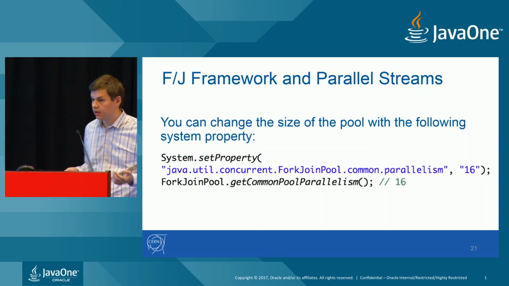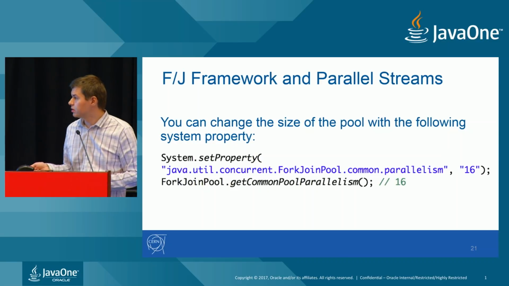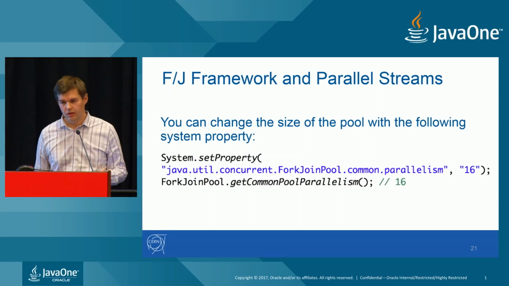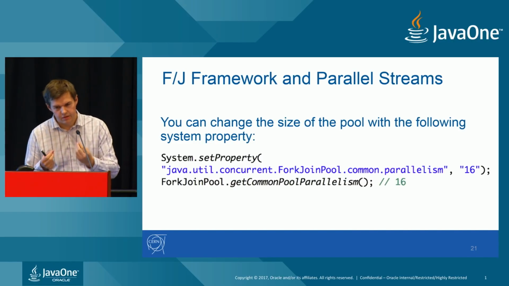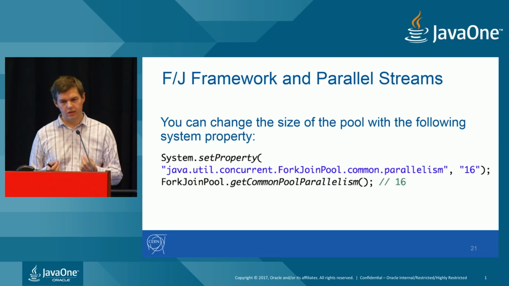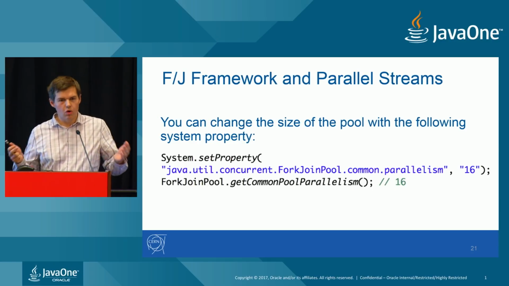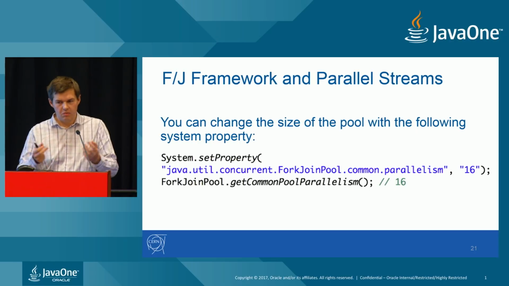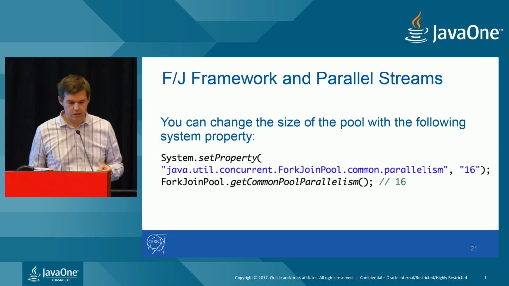If you would like to change those, you can use this property to set it. But if you think about it, parallel streams should really take care of CPU-hungry tasks. I'm not really sure if it makes sense, because if you create more threads than you have CPUs, it would just be a certain cost, an overhead.